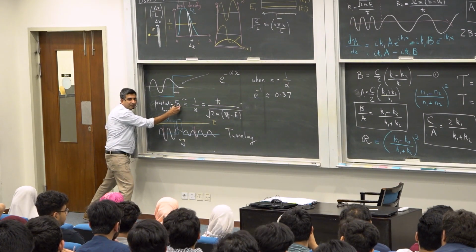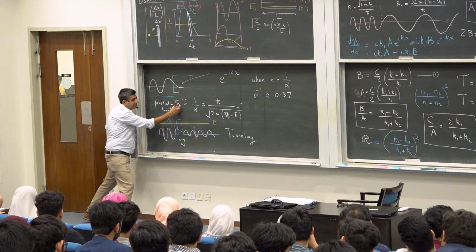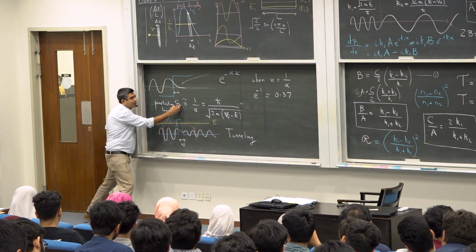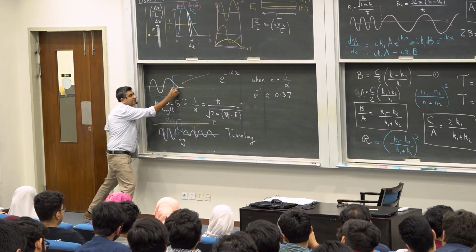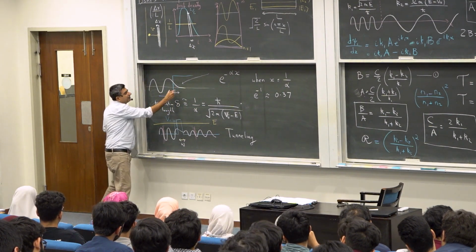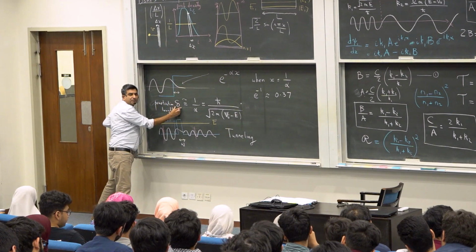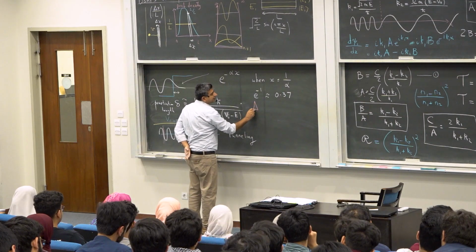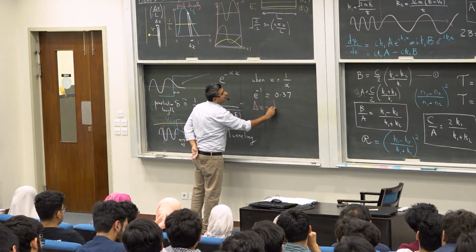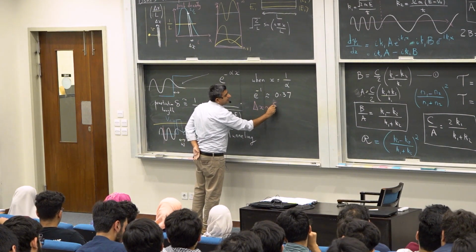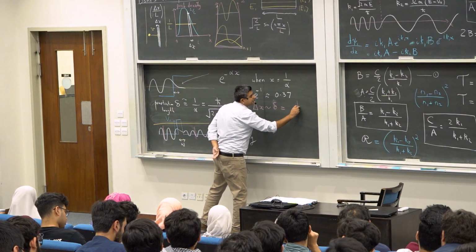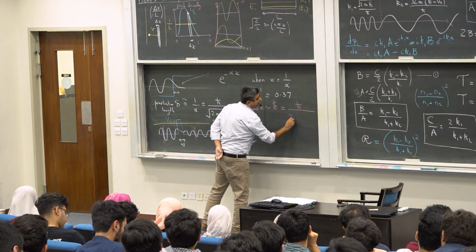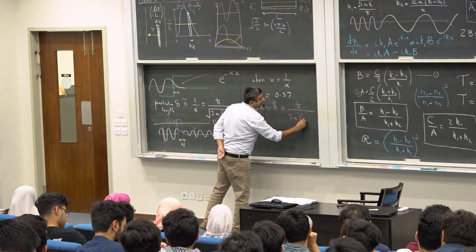Let's take this to be your uncertainty in the position, because if this were the penetration length, the particle, suppose it were to be found, the uncertainty in its position would be this much. So the uncertainty in its position delta x is about delta, which is h bar over 2m(V0 minus E).